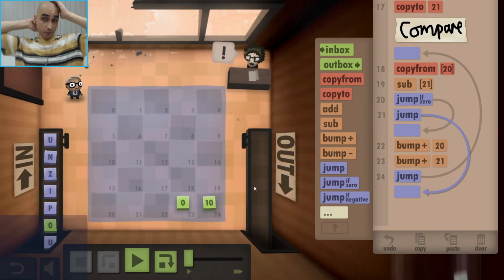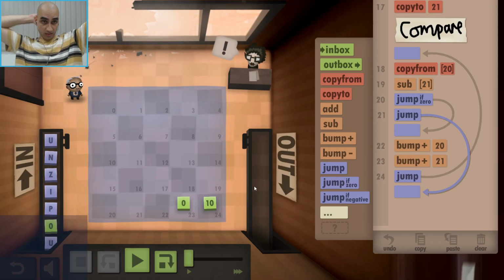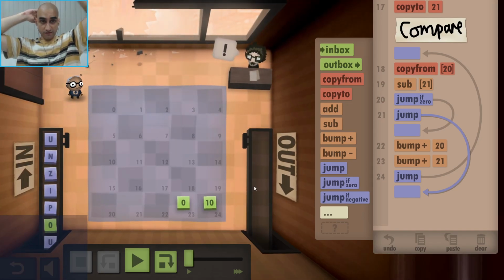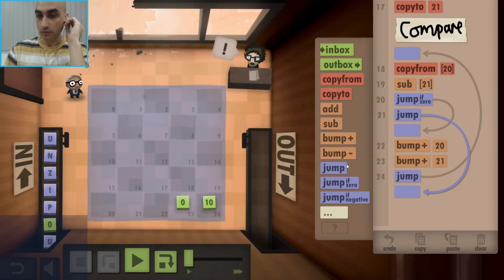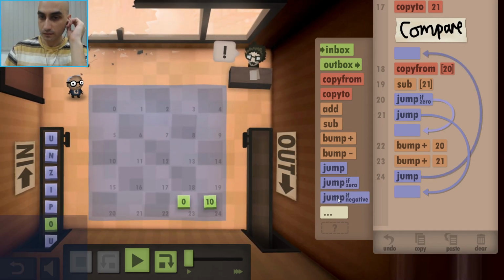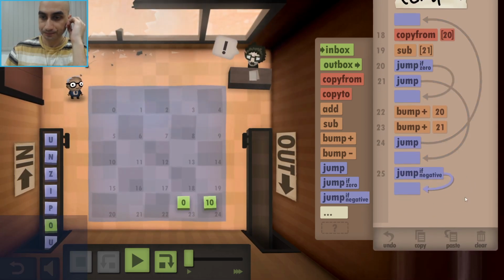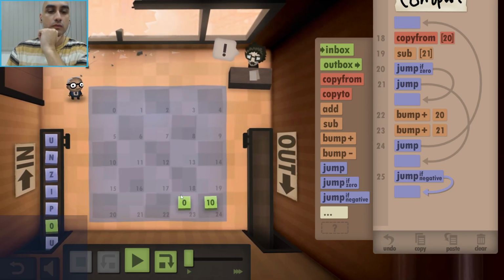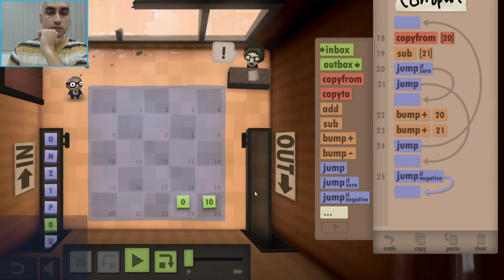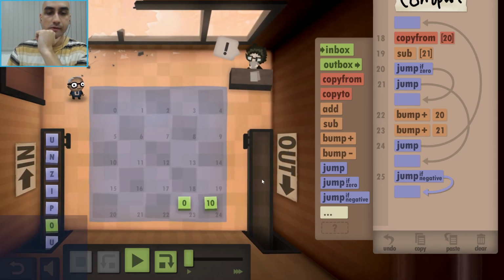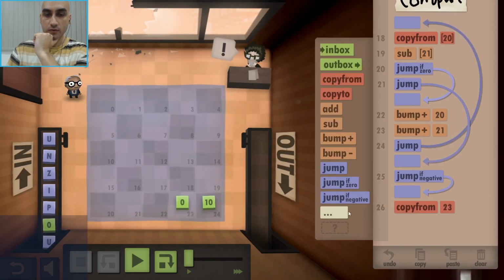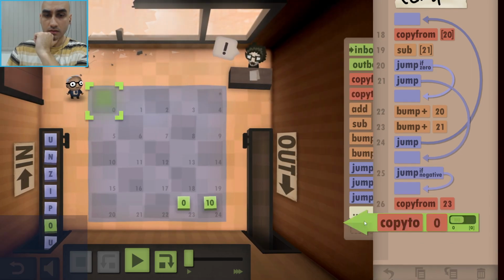So now we know which word to output. If we've got a negative, it will be the first word. So if it's negative, then we put the 0 here and put it here.